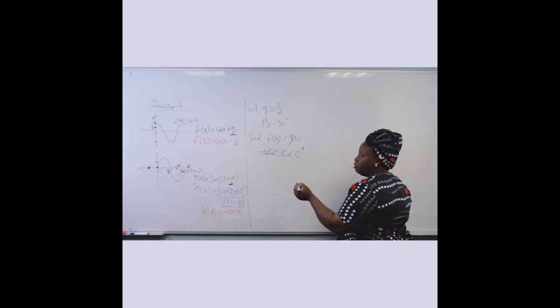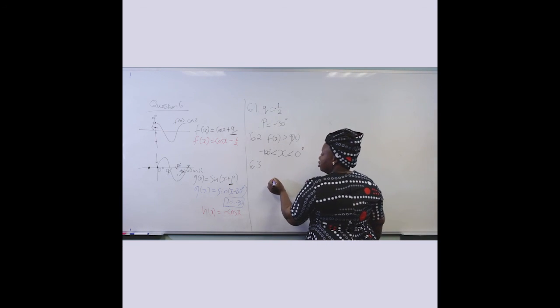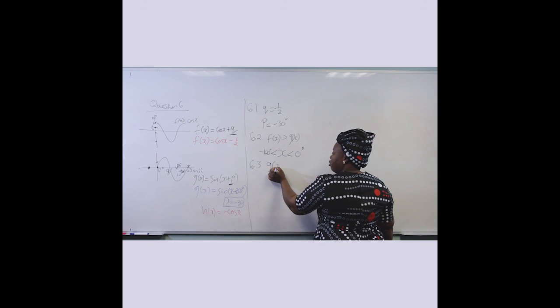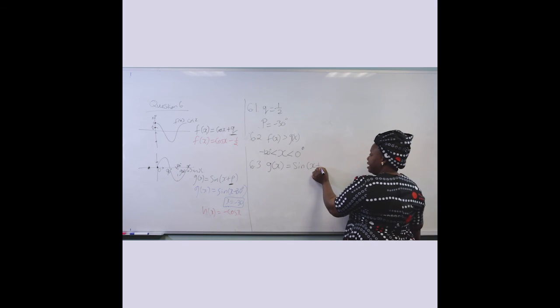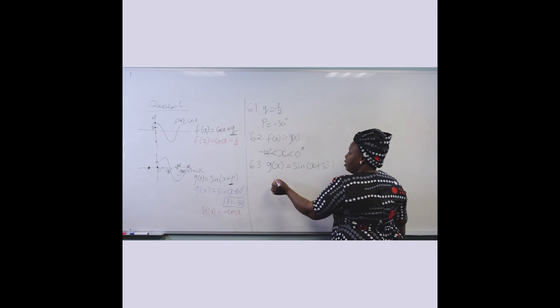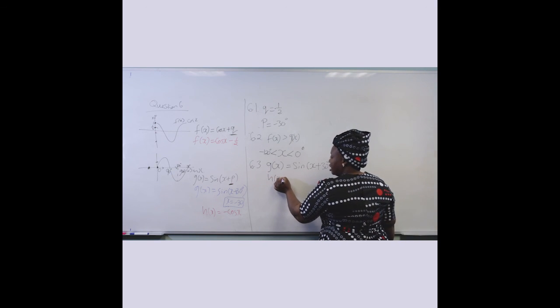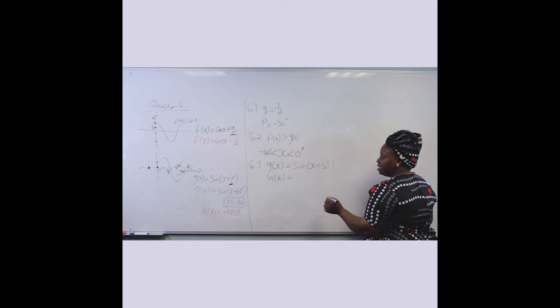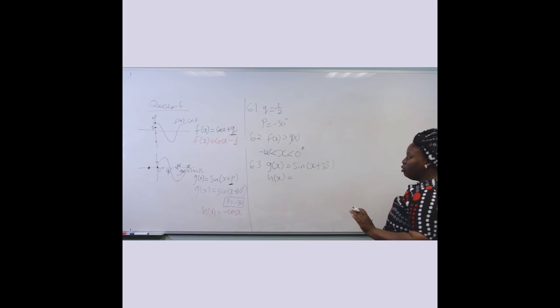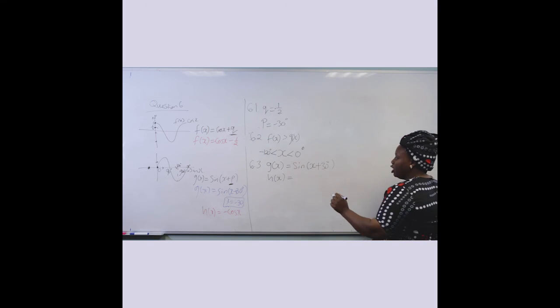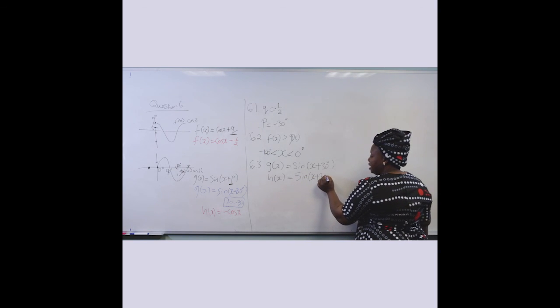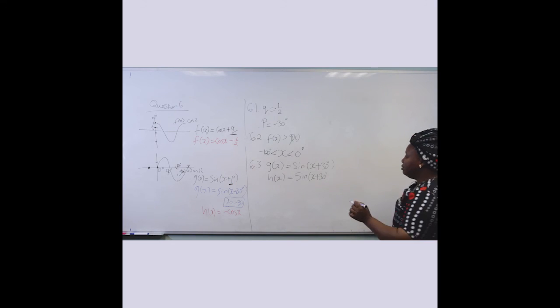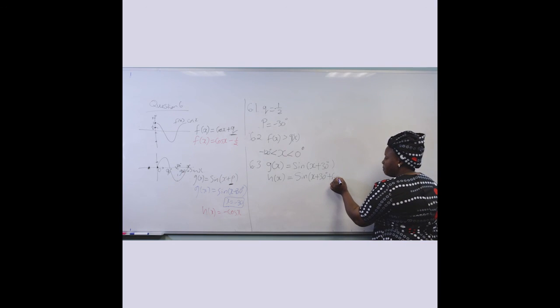Now, what is going to happen to g of x? That is 6.3. So I'm going to put that g of x down for us to move it to h of x. That is our g of x, sine of x plus 30 degrees. If I want to make it h of x, it must have 90. So if I have sine of x plus 30, to make it 90, I'll have plus 60.